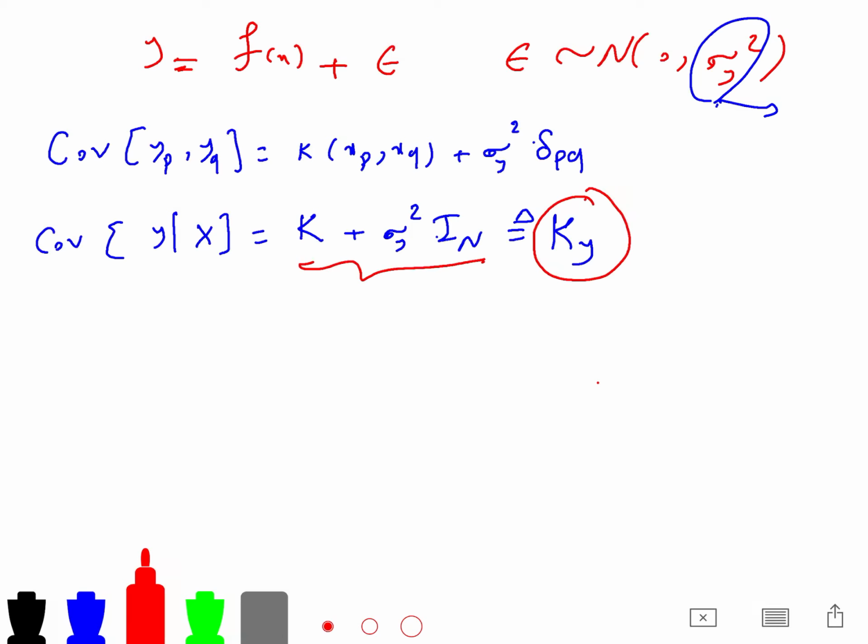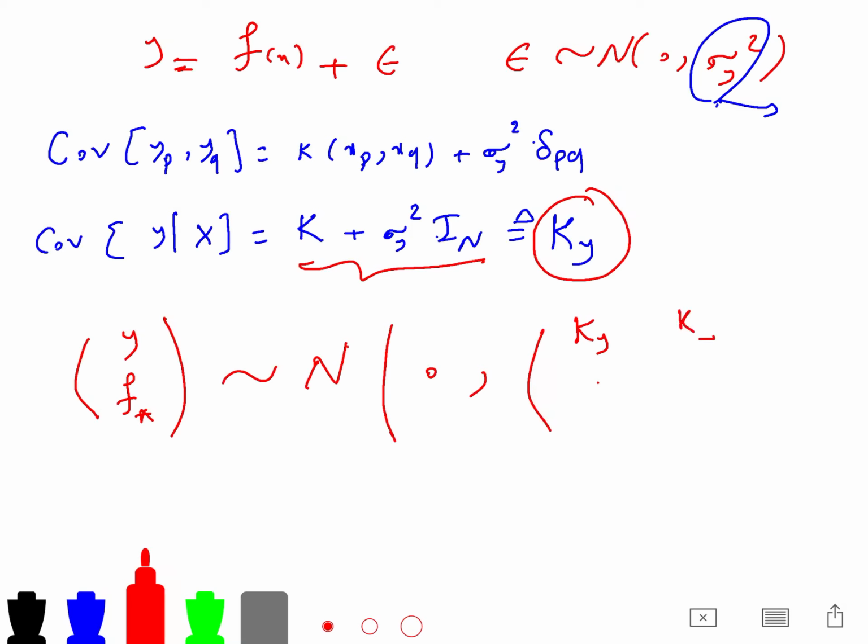And the joint density of y and f star is drawn from the normal distribution with covariance K_y, K star, K star transpose, K star star.